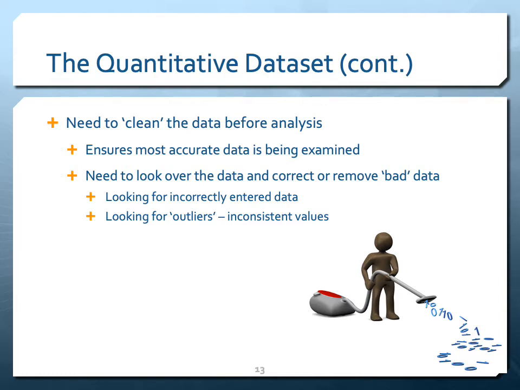So you either delete just that response, or if there's any concern, you might delete the whole respondent. So the goal of all of this is to make sure that the data set that you're working with is as accurate and as clear and as usable as possible.